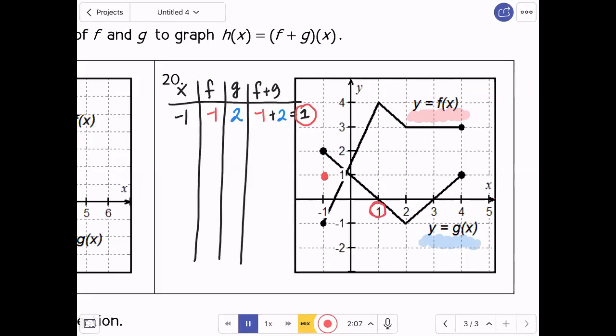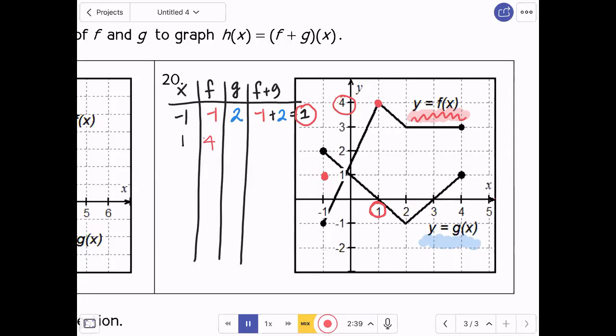When x is equal to 1, for your f function, here is my point, and my y value at the point is 4. So when x is 1, your f function is 4. And what about the g function?